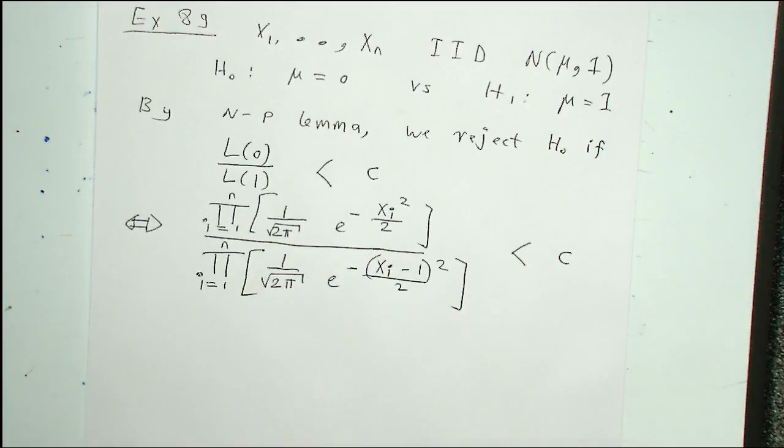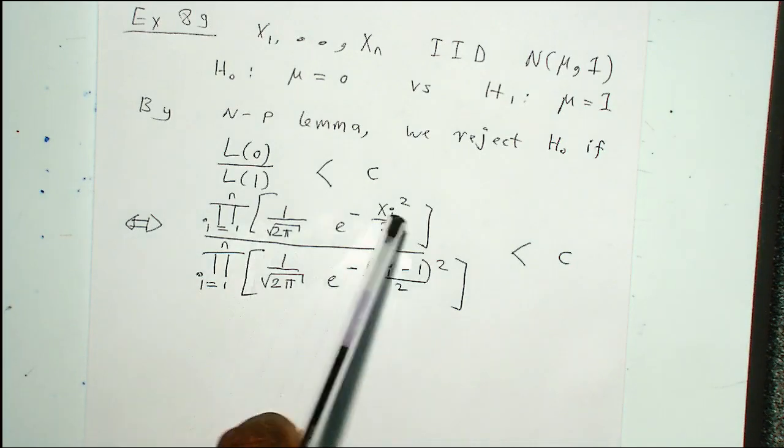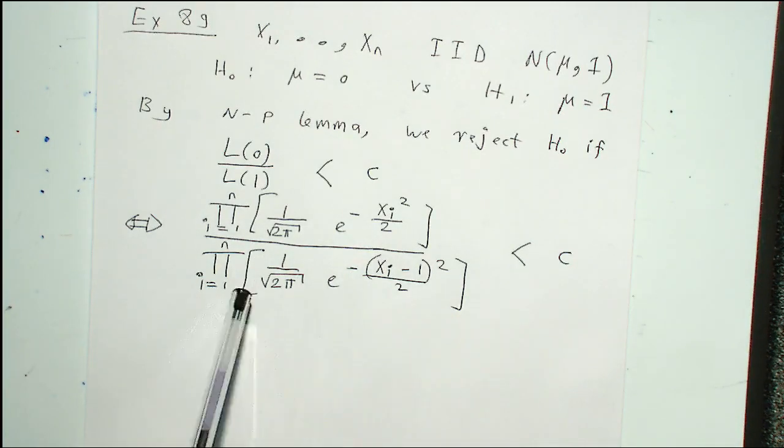You see how I got this, guys? This is the likelihood at mu equal to 0. This is the likelihood at mu equal to 1.